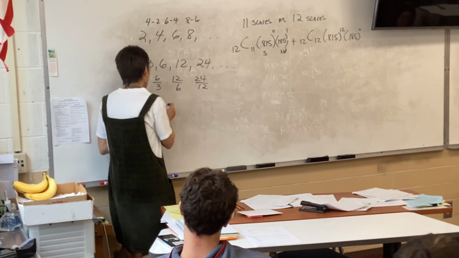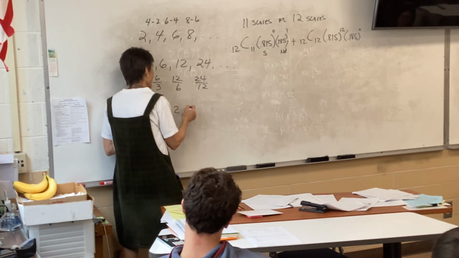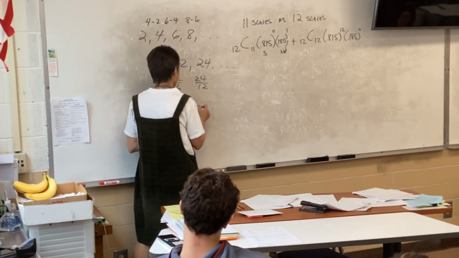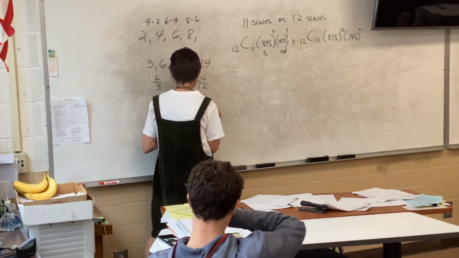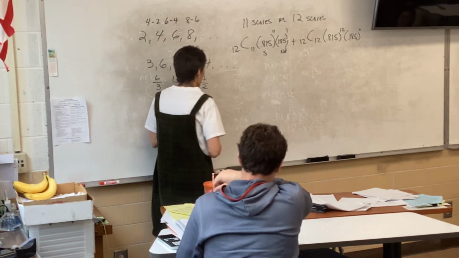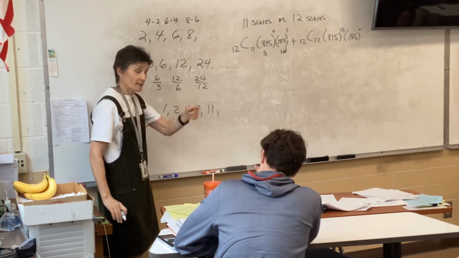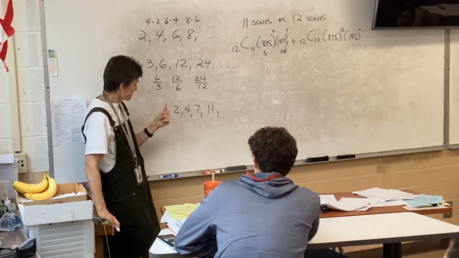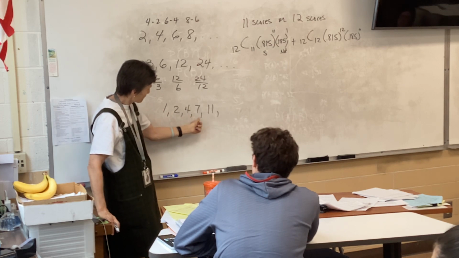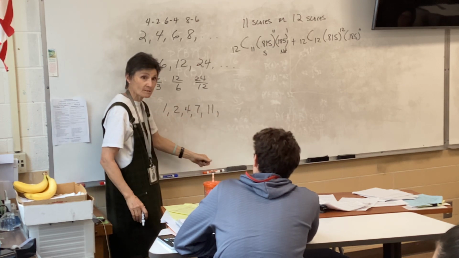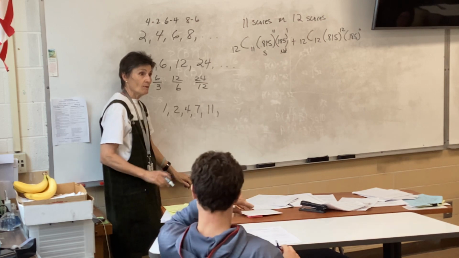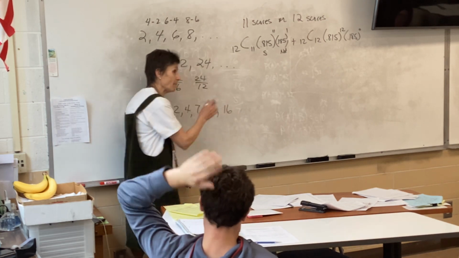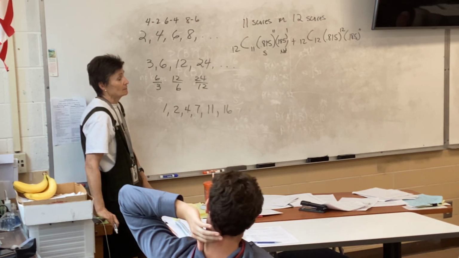This happens all the time. We'll have a sequence like this. Kids, really smart kids like you guys, will look at it and say, oh, I know what comes next. What comes next? 16, I heard somebody say 16. How are we doing this? What's happening in that sequence?